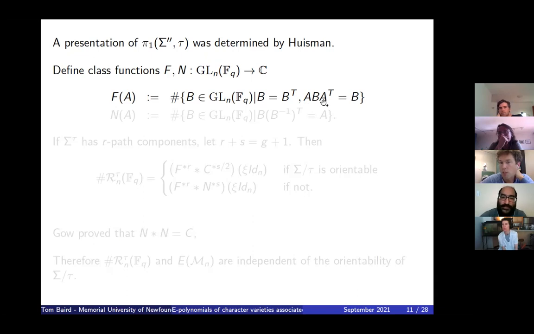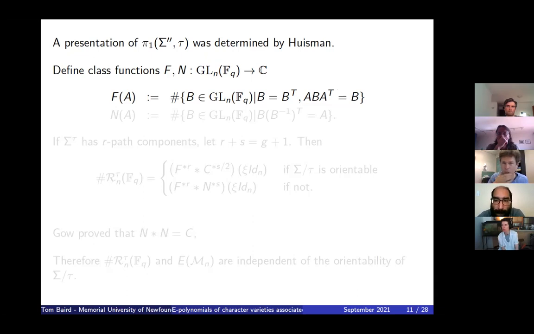So they're fixed under the natural action of A on symmetric bilinear forms. You fix an invertible matrix, and you're counting how many non-degenerate symmetric bilinear forms A is orthogonal with respect to.